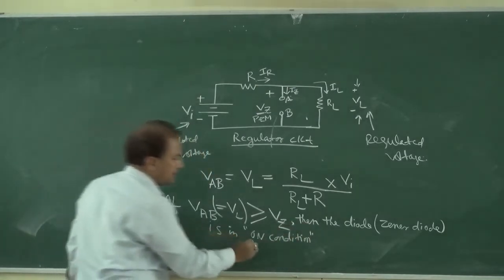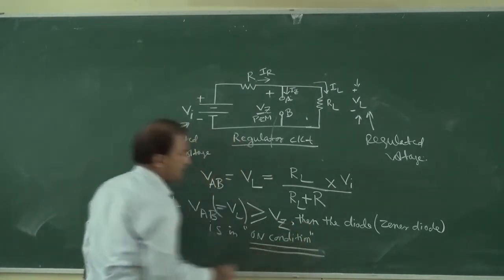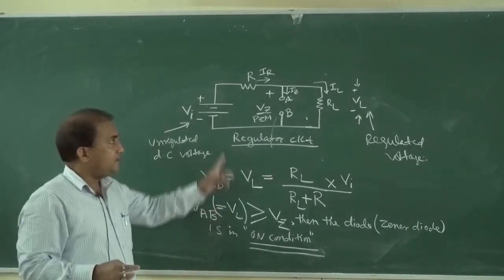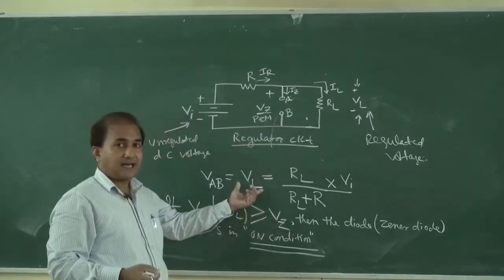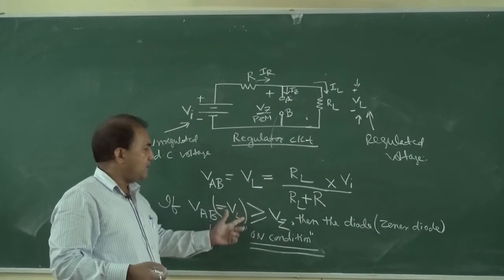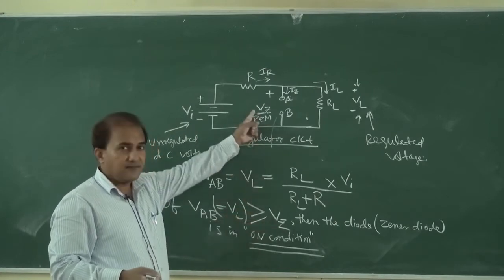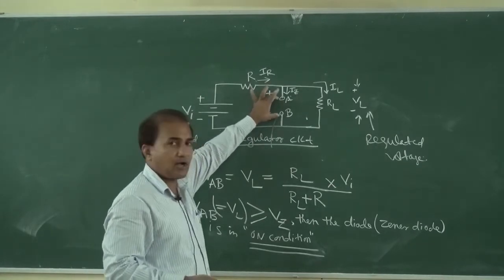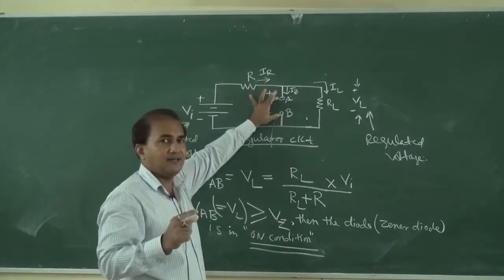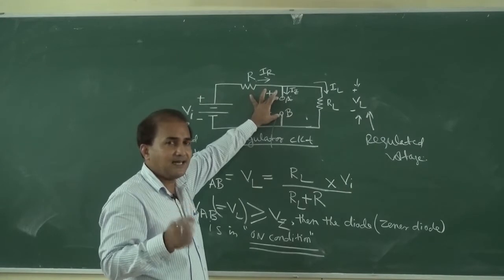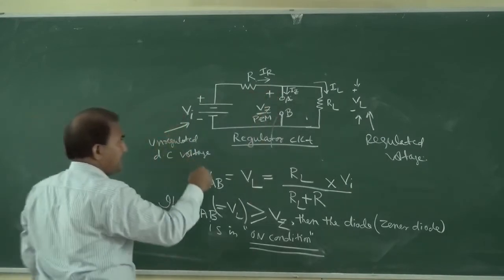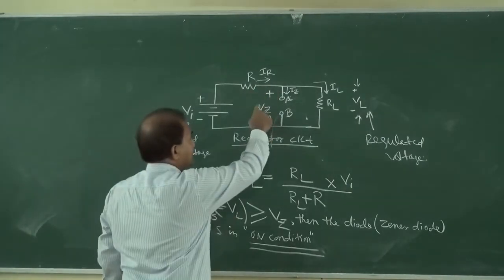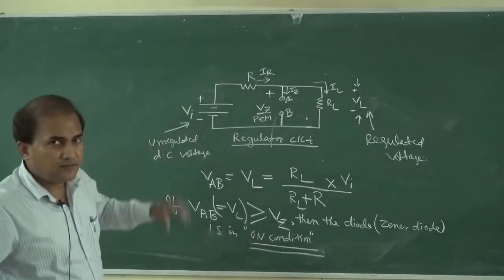What is meant by on condition? If this calculated VL is more than or equal to this VZ, then we can say that this Zener diode is in on condition. So in case of on condition, this diode will be replaced with VZ, that is a constant voltage source.